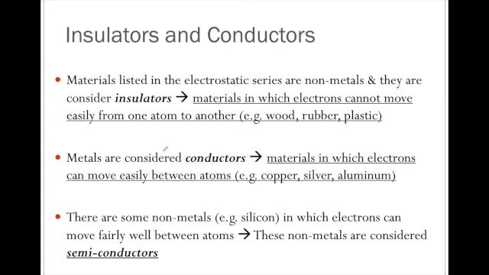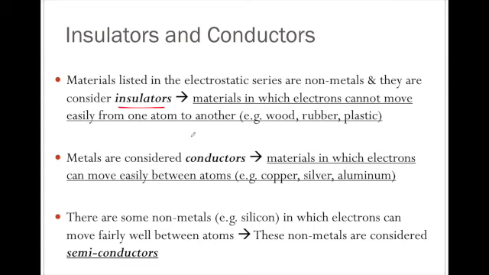Okay. Materials listed in the series are nonmetals, and they're going to be considered what are called insulators. This term, insulator, is sort of like insulating, right? Now, what is an insulator? An insulator is a material in which electrons cannot move easily from one atom to the other.